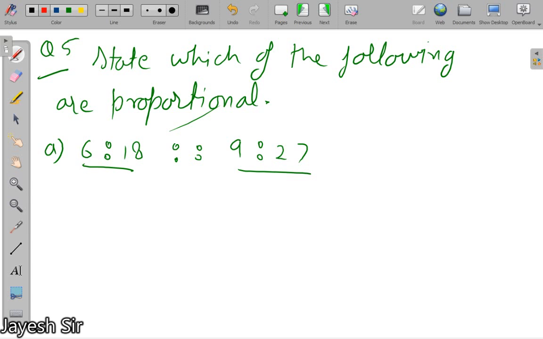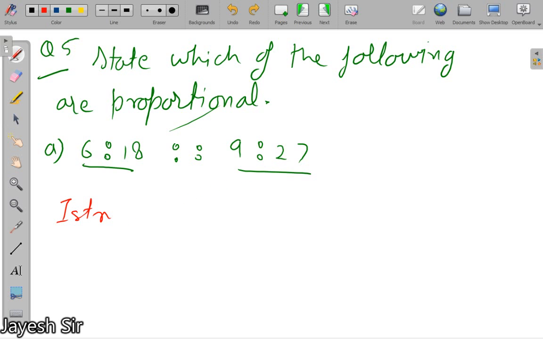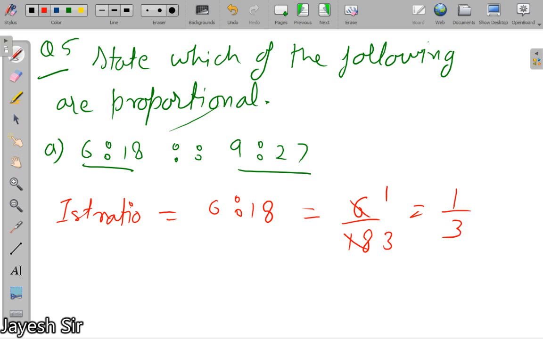The first ratio is 6:18, or we can say 6 upon 18. We will simplify this. 6 ones are 6, 6 threes are 18, so it is 1:3.